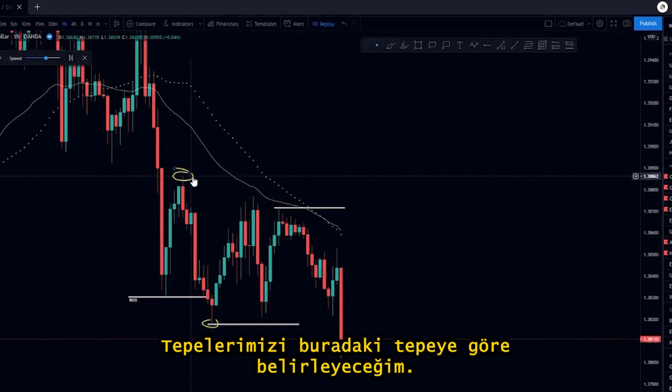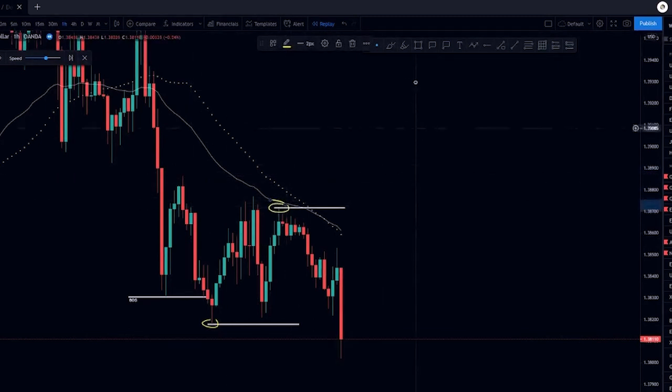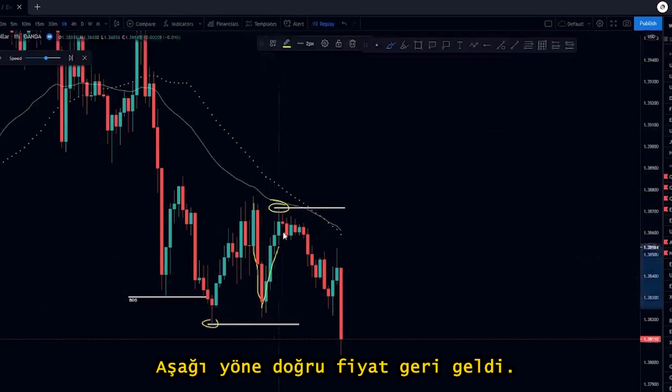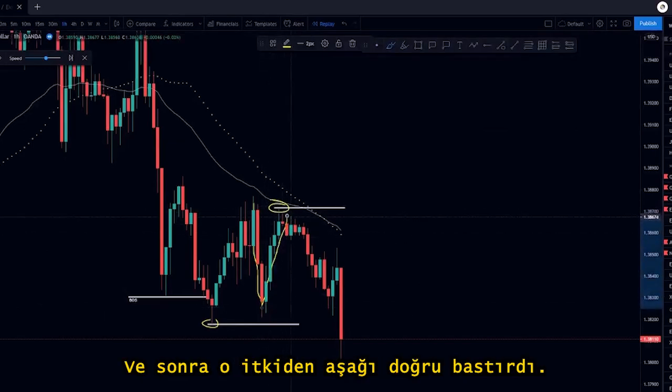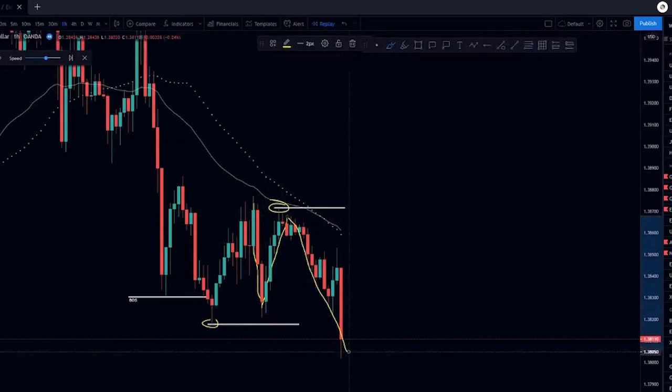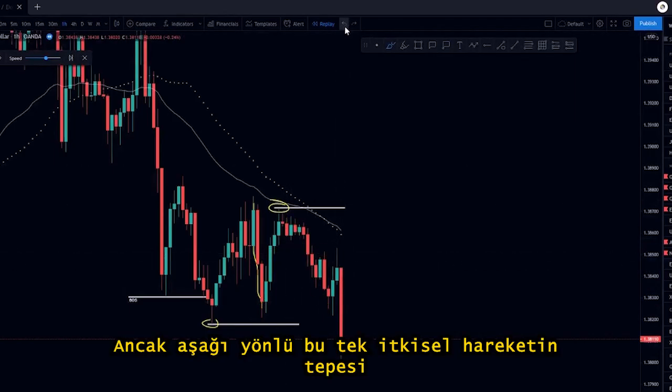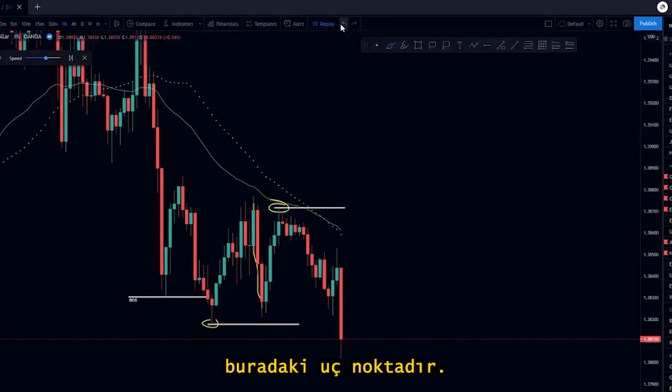I'm going to identify our highs based on this high here, because this was one impulse to the downside. Price came back, and then from that impulse here, pushed lower. There's a little bit of substructure here. However, the highs of this one impulsive leg to the downside is at this extreme here. So this is our new high. This is our break of structure.